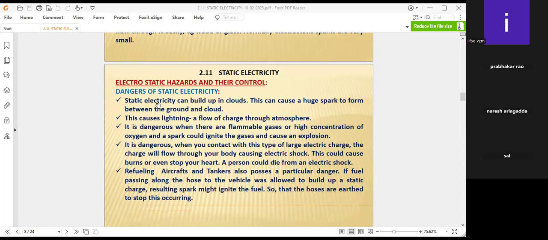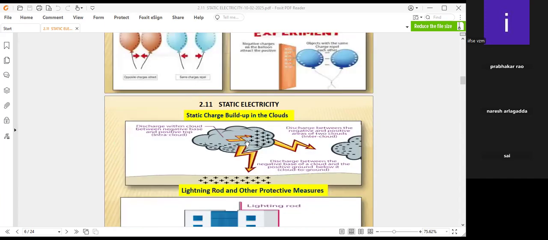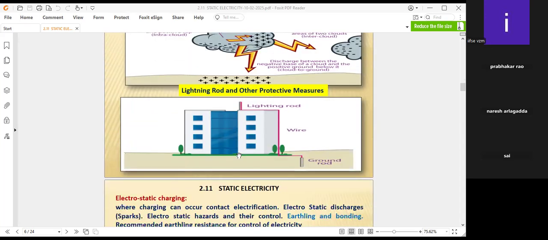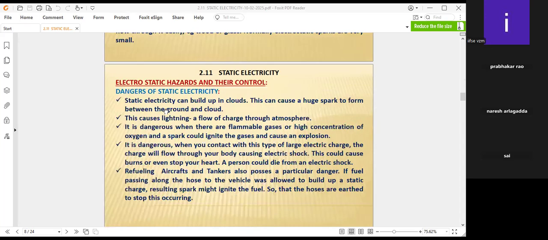Dangers of electricity: static electricity can build up in clouds, as explained. This can cause a huge spark to form between the ground and the cloud. There is a difference in voltage, causing a huge spark between the ground and the cloud, or within the clouds also.